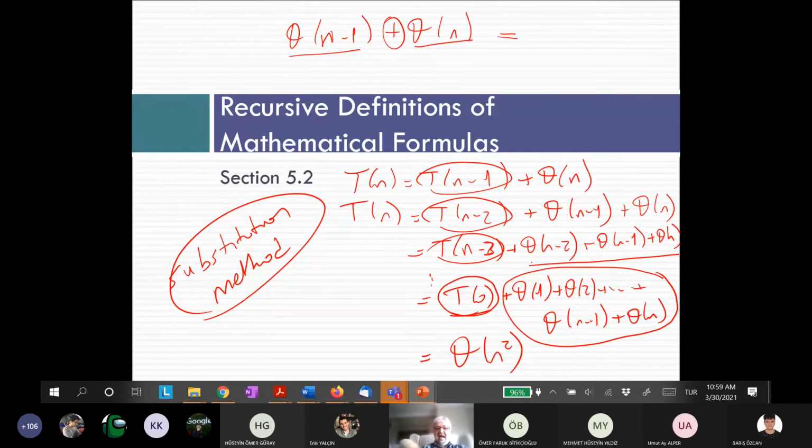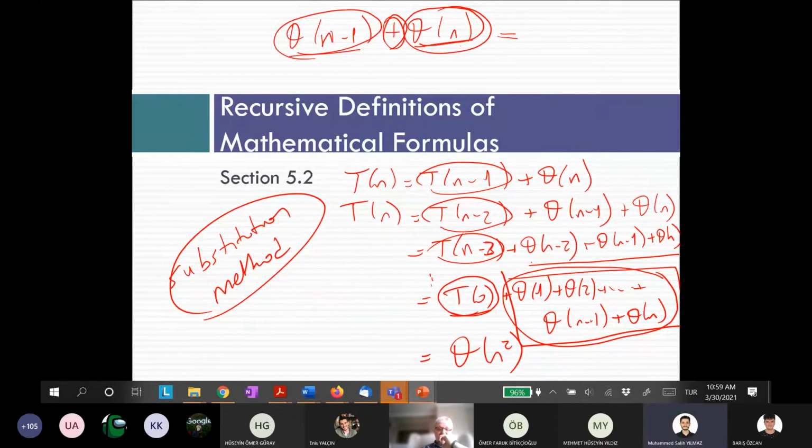But this is like a function that depends on n, and this is a function that depends on n minus 1. And we perform arithmetic on them. So you should be careful in doing arithmetic in these. Doing arithmetic on asymptotic notations is not easy.